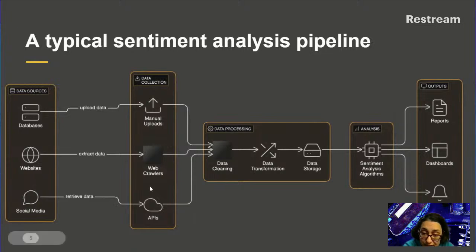However, with the emergence of these little tools called web crawlers, we are able to go inside a website and look inside the structure of that page and extract information before we, of course, progress into the next steps of transforming that data, storing it, and doing more of the machine learning and data analysis processing.